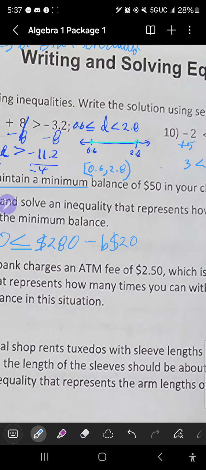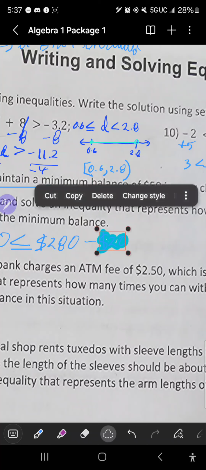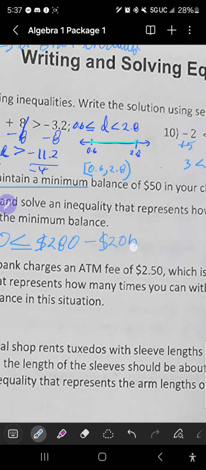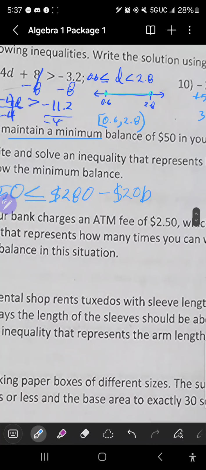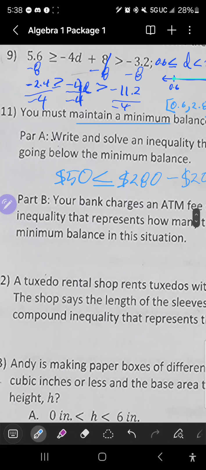It doesn't matter which letter you put. Personally, you can do it whenever you like. I like to put it in the back, so I'm just going to put it like that. Now we want to know how many bills we can pay without exceeding the balance.